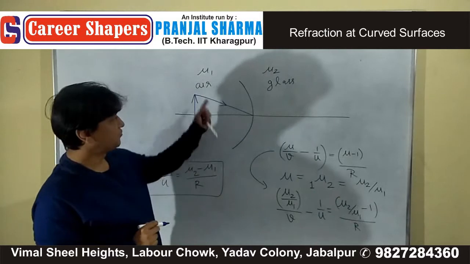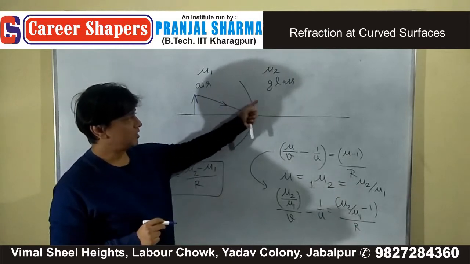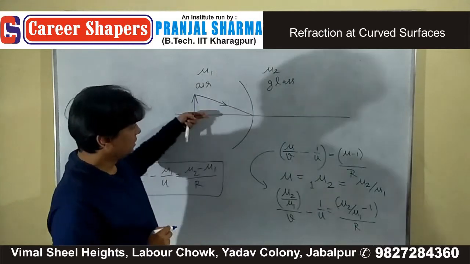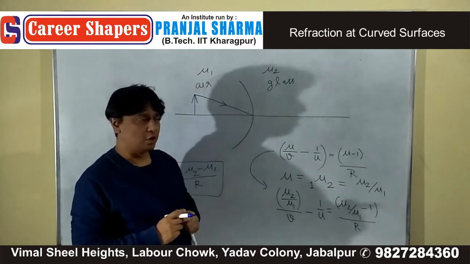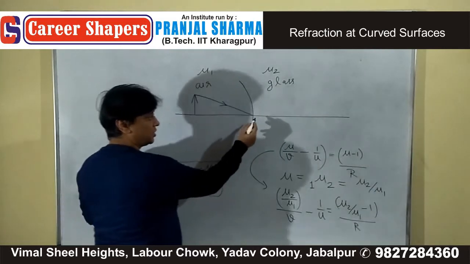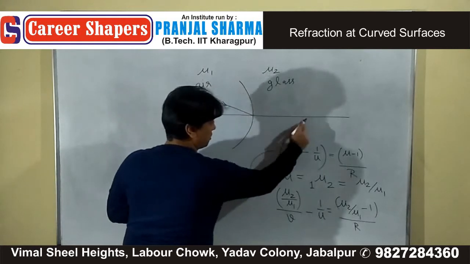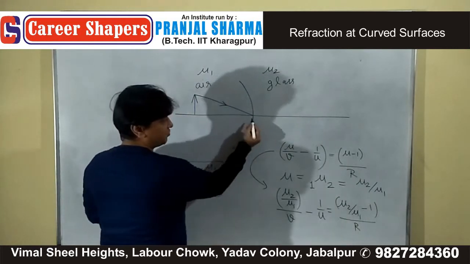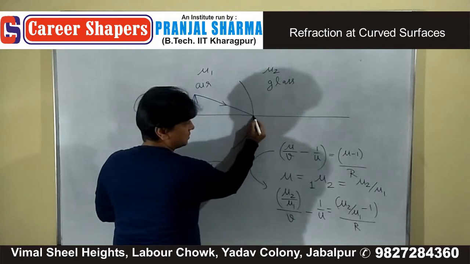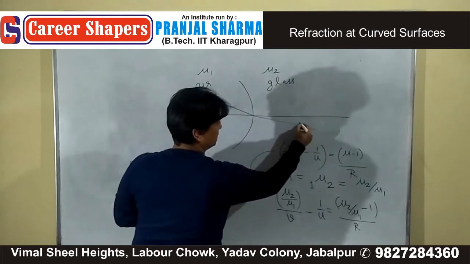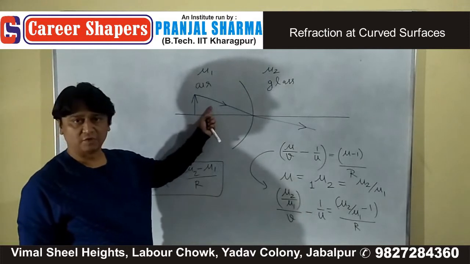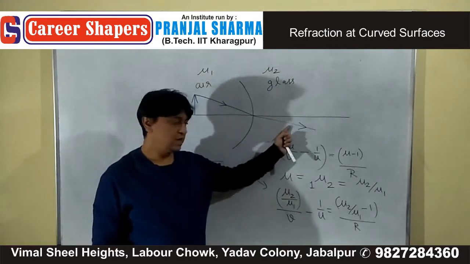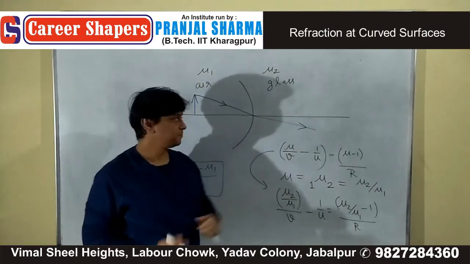This ray is coming from air and entering into glass. The optical axis behaves as the normal at this point, so this light ray will bend towards the normal like this. This is your incident ray, this is the refracted ray.